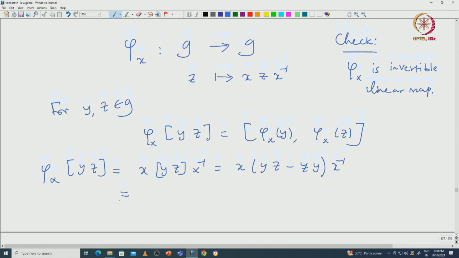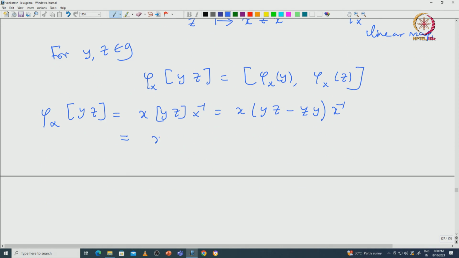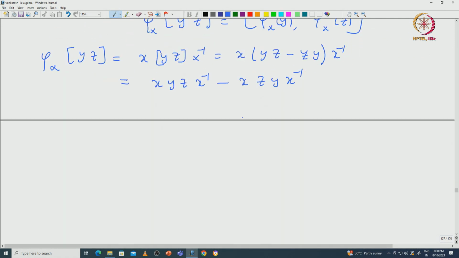This will give you exactly x y z x inverse minus x z y x inverse, but by multiplying x inverse x in between, you can get that x y x inverse times x z x inverse is the same as the first term.